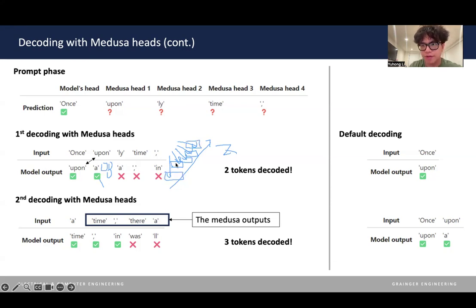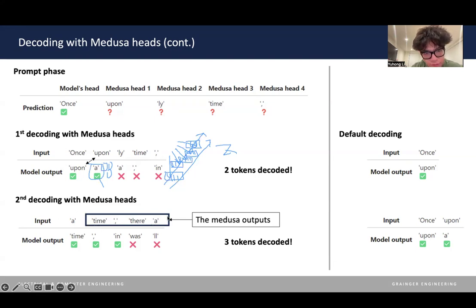Kind of abstract, but for example, if you have "once" and a comma here, you have Medusa head one, Medusa head two, Medusa head three, Medusa head four output here. So we stop here. We have four different Medusa head outputs through this dimension, and that's "time", "comma", "there".